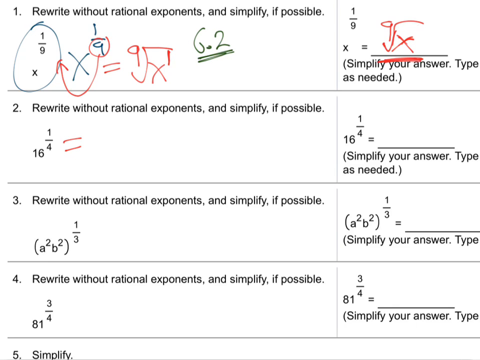Let's try the next one. 16 to the 1/4. So, the 4 in the denominator is going to go where? Into the hook, like that. Now, what's the answer to that?